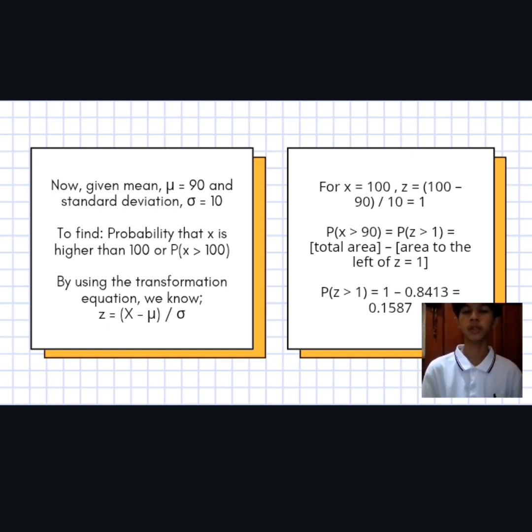For x equals 100, z equals (100 minus 90) divided by 10 equals 1. P(x > 100) equals P(z > 1) equals total area minus area to the left of z equals 1. P(z > 1) equals 1 minus 0.8413 equals 0.1587.